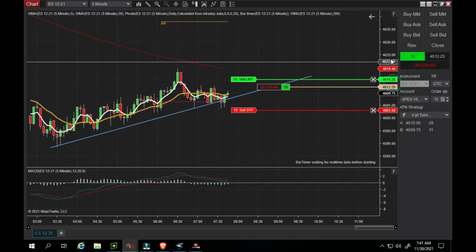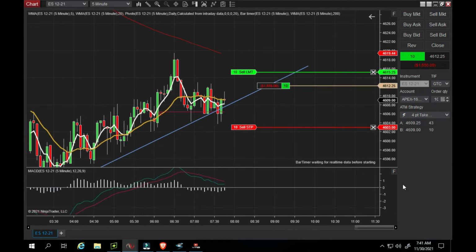I just knew that it was going to be too volatile then, especially with all the news that we've had with the coronavirus, the new variant and all that. I just knew it was going to be a volatile day. But luckily, as you see here, price went along with the trend, and I made my take profit.